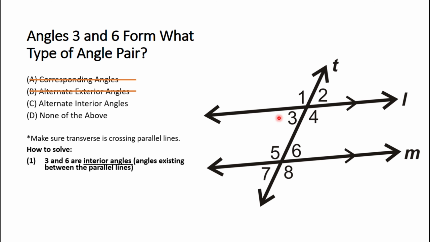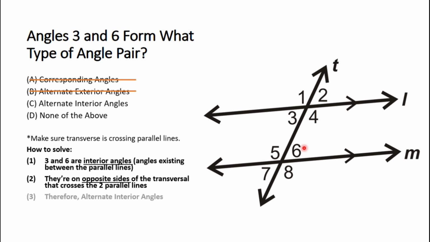Angles 3 and 6 are on opposite sides of the transversal, which makes them alternate interior angles: alternating on opposite sides of the transversal, and interior because they are between the two parallel lines. So our answer is C.